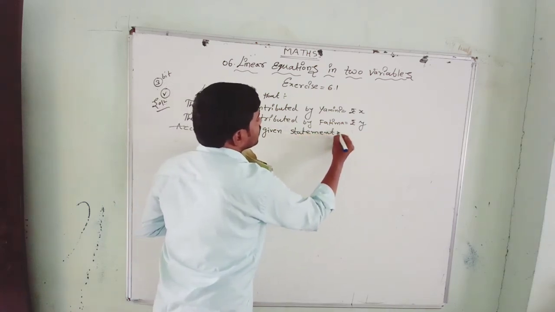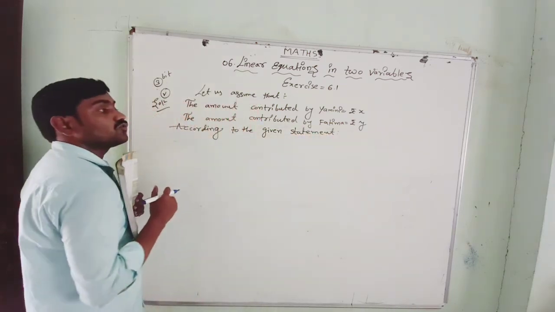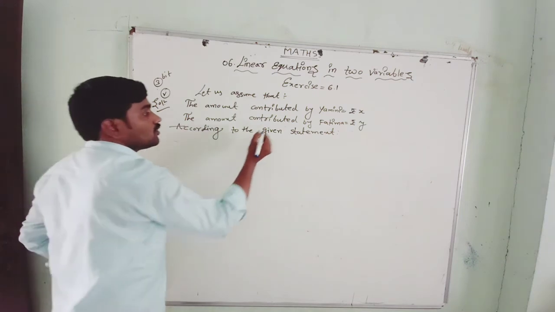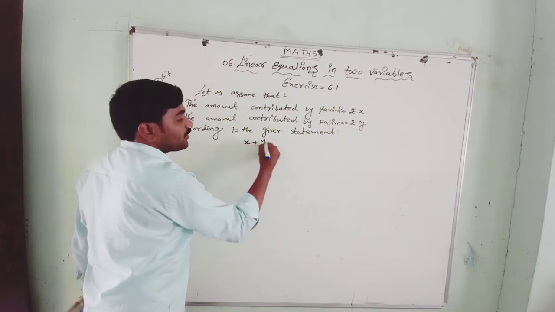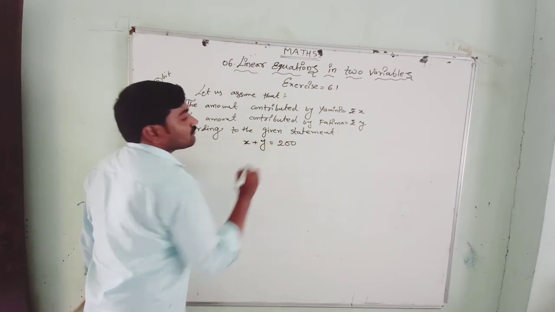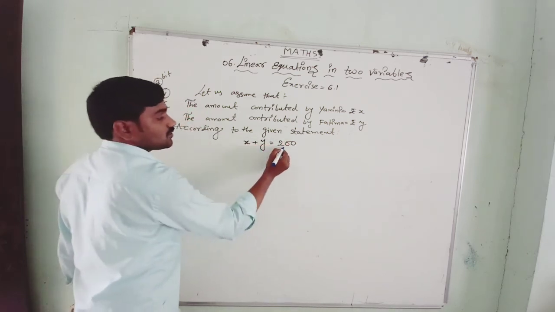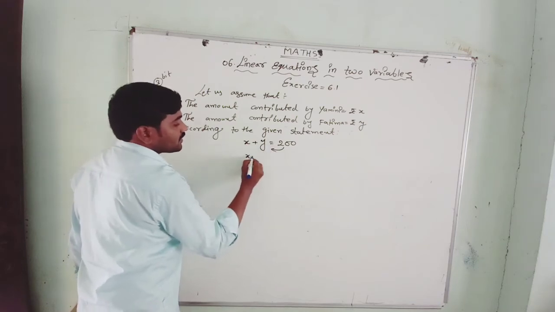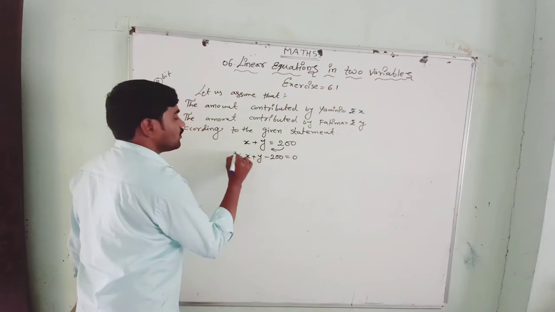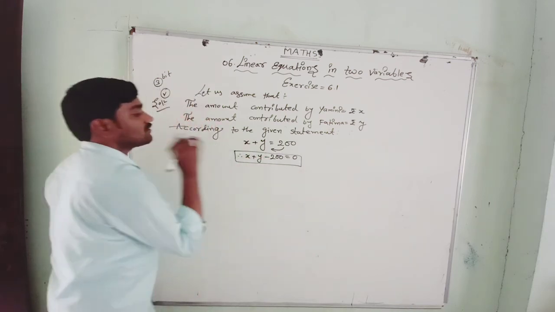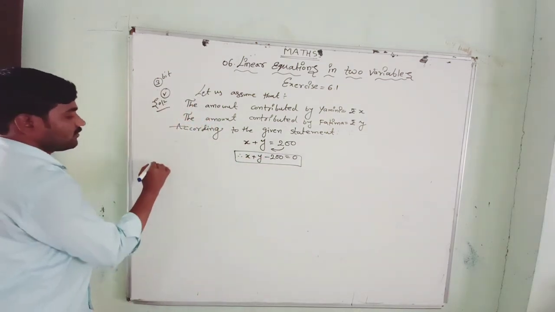What is the statement? Both of them contributed 200 rupees. So Yamini paid x rupees plus Fatima paid y rupees is equal to 200 rupees. Now bring this 200 to this side: x plus y minus 200 equal to 0. Now this is a linear equation in two variables form.